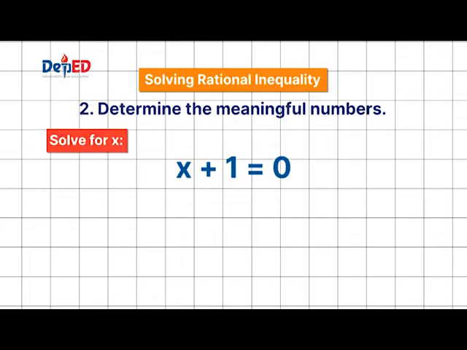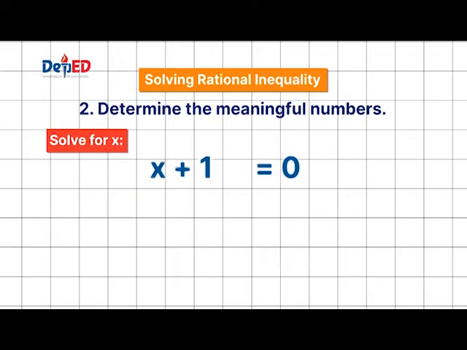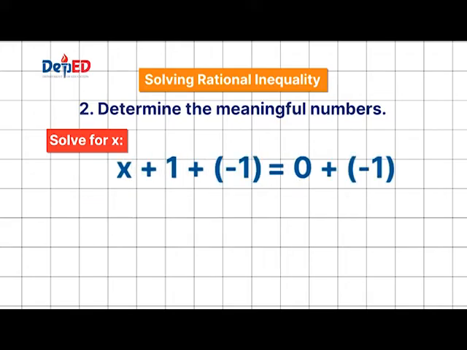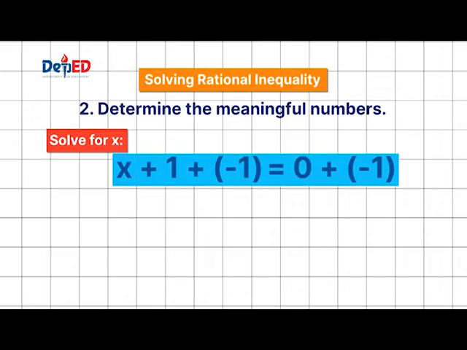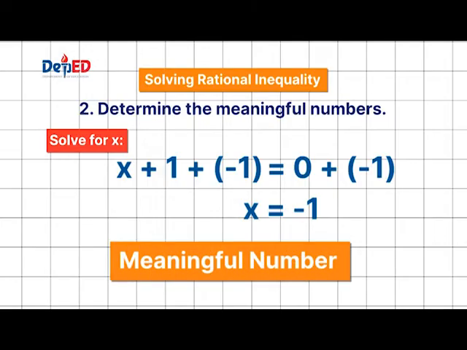To solve for x, by addition property of equality, we add -1 to both sides of the equation. We combine similar terms, and this gives us x = -1. That's our first meaningful number.